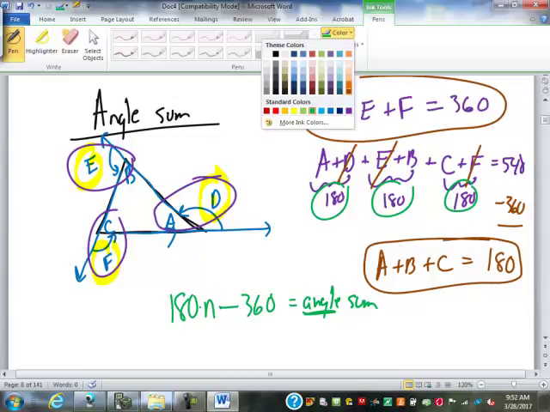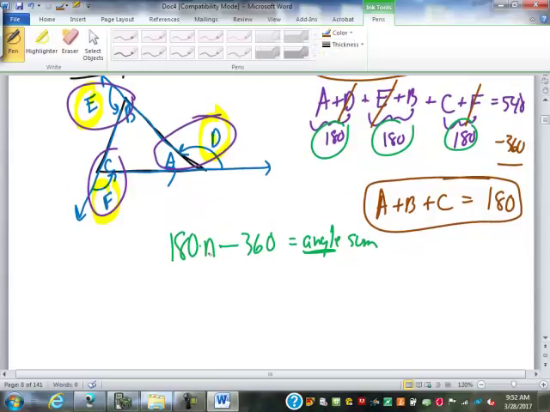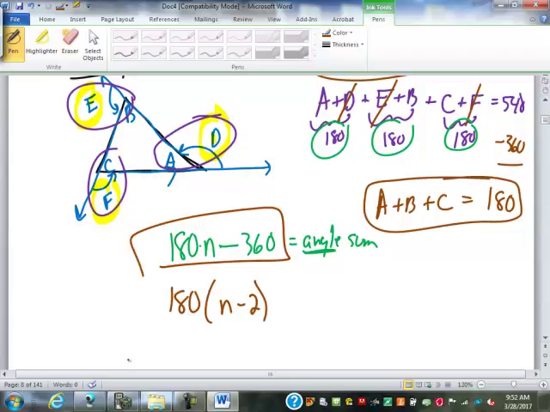Now, a lot of textbooks simplify this formula. Rather than saying take the number of angles times 180 and then subtract 360, they divide out the 180 to make it look like this. If I multiplied through by the 180, I would get this. But it's simpler to take the number of angles, or the number of sides, it'll be the same, minus 2 and then times 180.